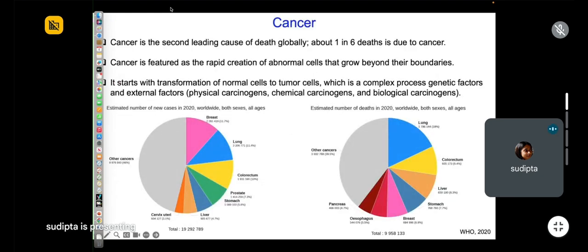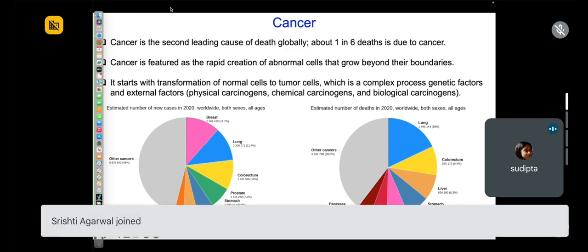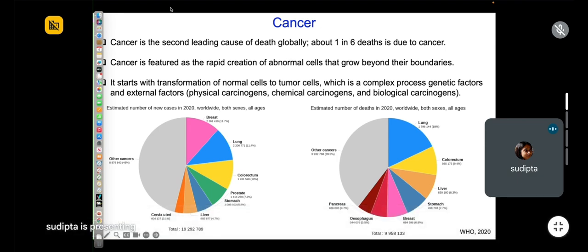Cancer is the second leading cause of death globally after cardiovascular disease. One in every six deaths in the world is from cancer. Basically, cancer is normal cells having abnormal growth or proliferation. I mean, where it should stop, it's not stopping; it is going beyond that. That's in a simple way.